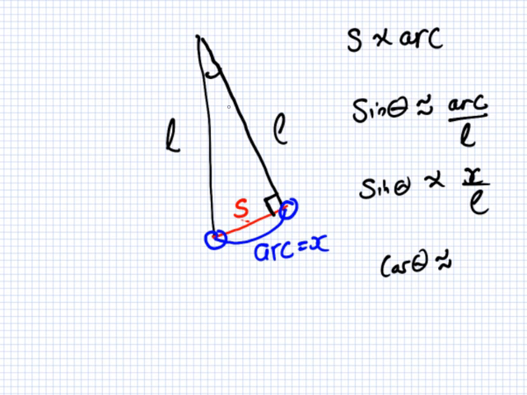L over L. Because this is the adjacent and this is the hypotenuse. I got mixed up. One? Yeah, now I know that seems very strange, but I can help you see this on your calculator.